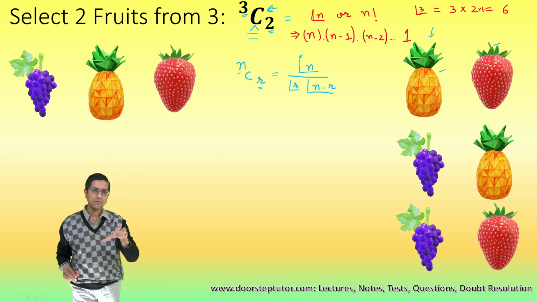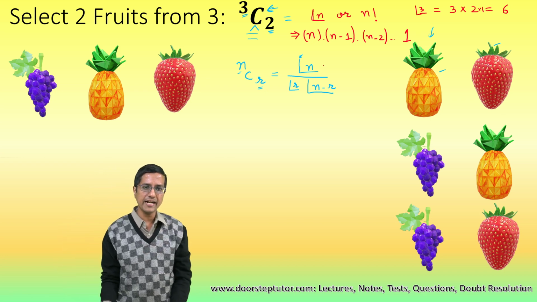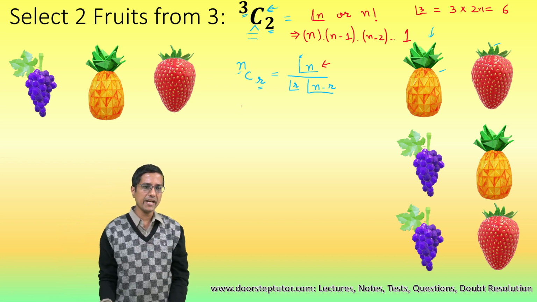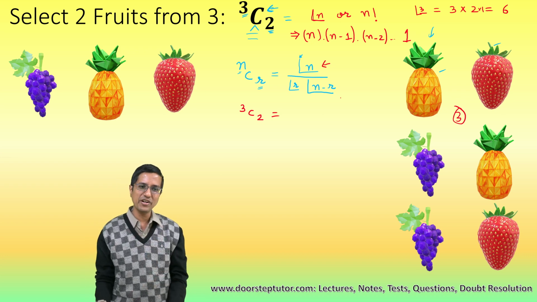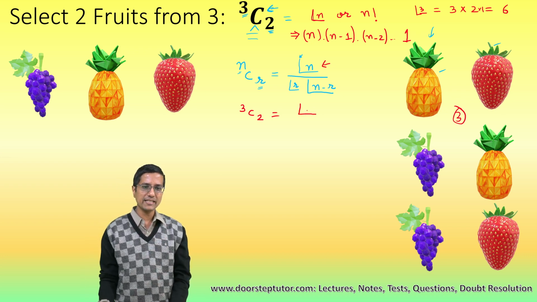So now with this formula and our understanding of the factorial, we can find the value of nCr. Take 3C2. We already know that it has to come out to be 3 because of our fruit experiment. So this comes out to be factorial 3 divided by factorial of 2 divided by factorial of 3 minus 2.